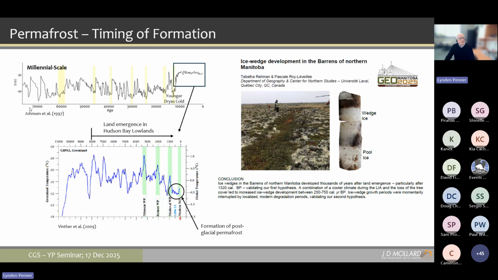So we see, if we look at the last 70,000 years or so on this type of millennial scale, which was during the glacial period, these rises and falls in temperature, and the lower O18 values correlate with colder temperatures, and the higher with warmer temperatures.